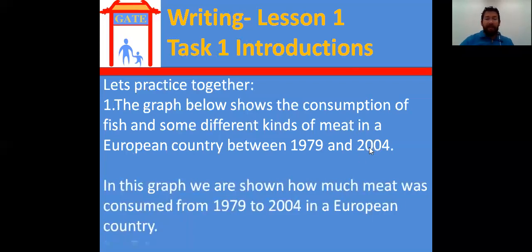Okay, so four different structures there. Again, I'll just say those again. How much meat was consumed, how many books were sold, how people traveled differently, how this information changed. Okay, so that one's a pretty easy one.